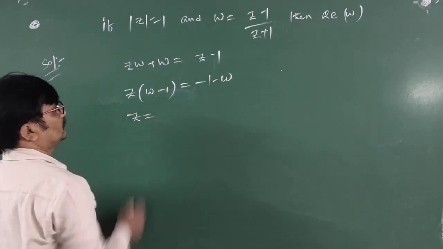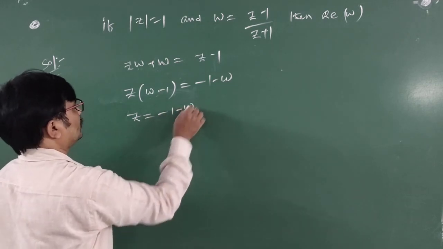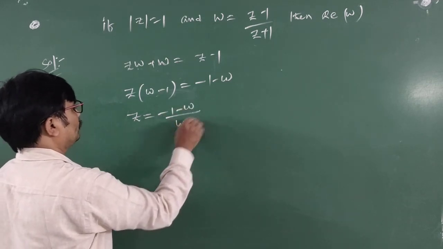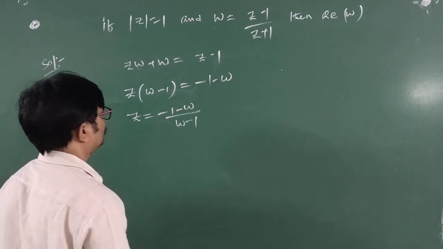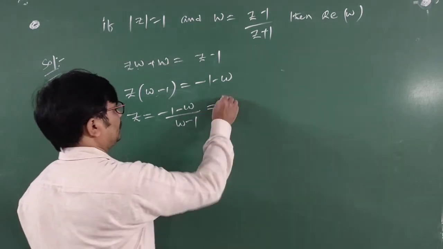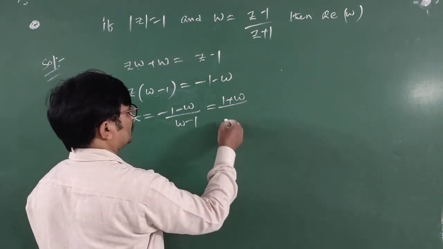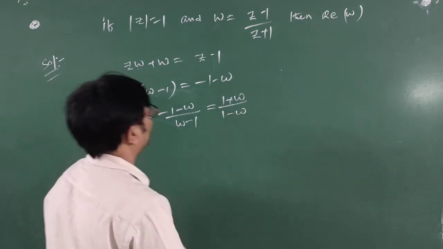Therefore z equals minus 1 minus omega by 1 minus omega. The minus is sent to the other side: 1 plus omega by 1 minus omega.